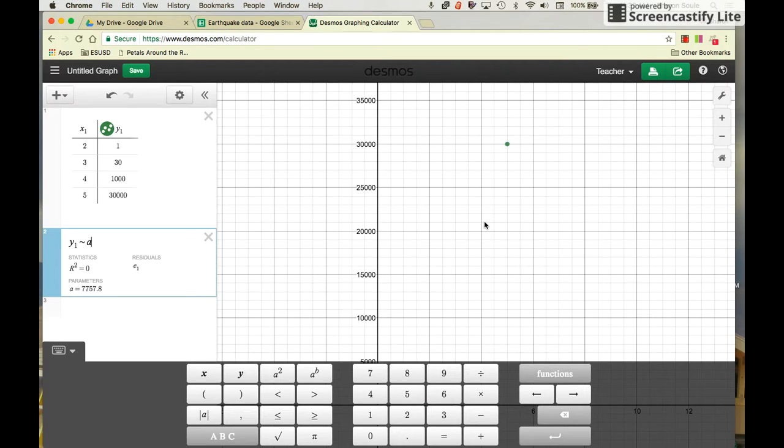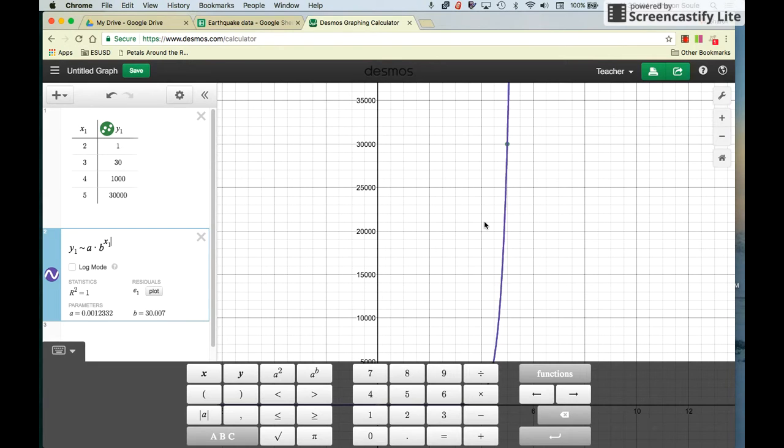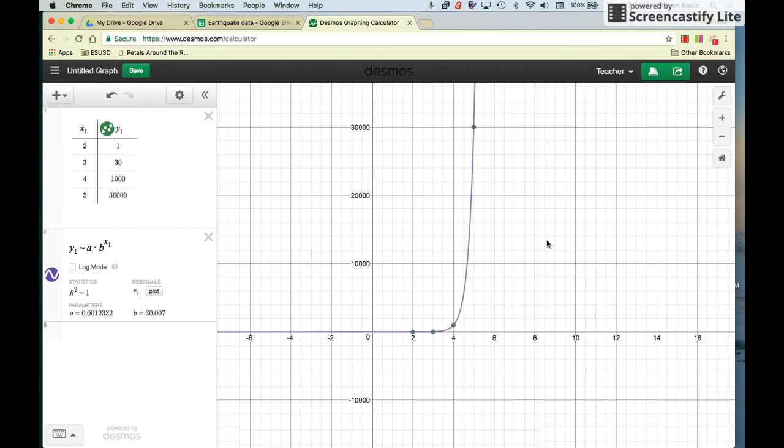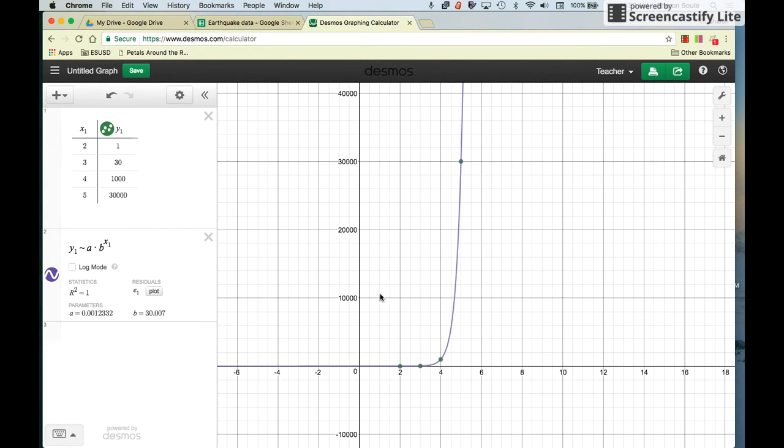We think we have a constant out in front multiplied by our growth factor, and that is raised to the power x1. And again, all I have to do is put in x1. Once I've done that, it automatically gives me an equation that will go with that particular regression.